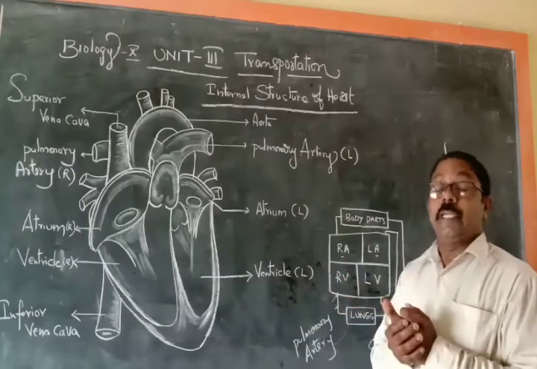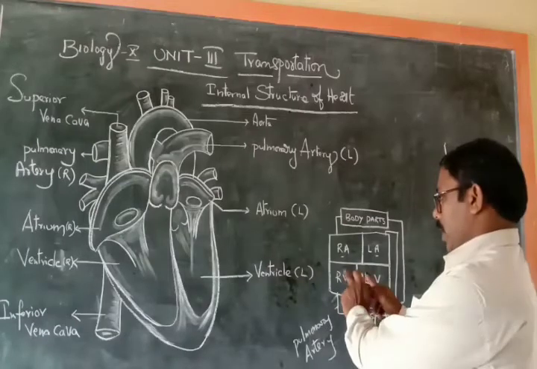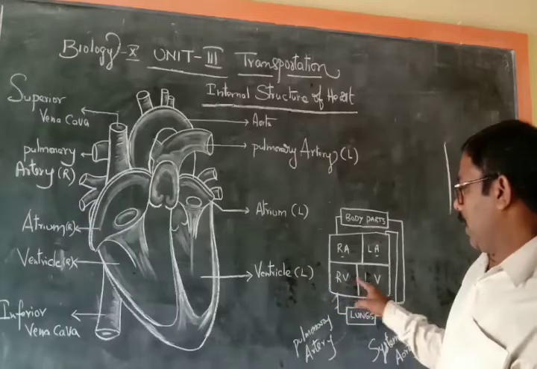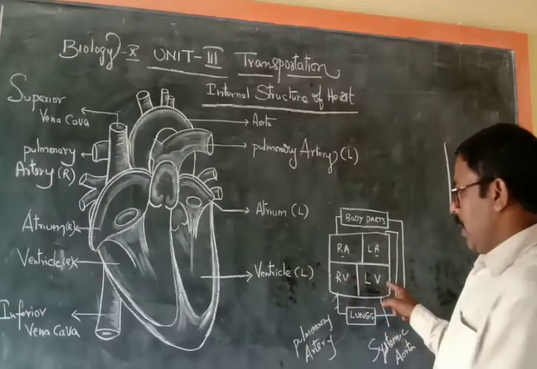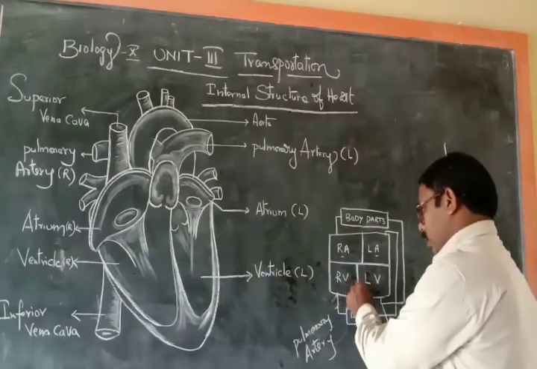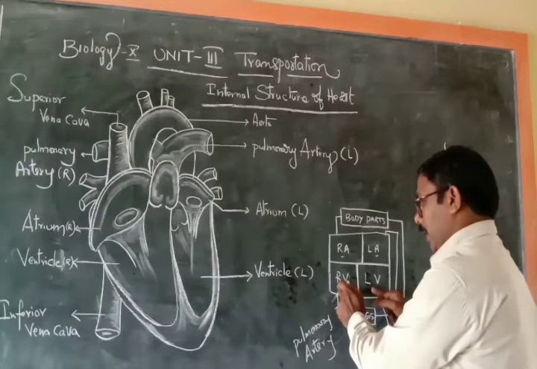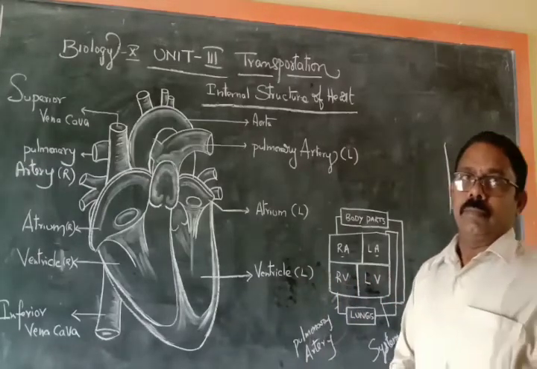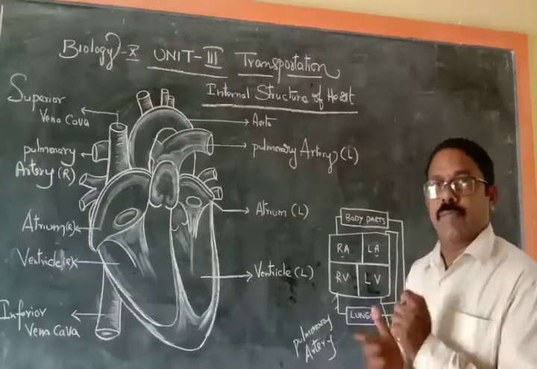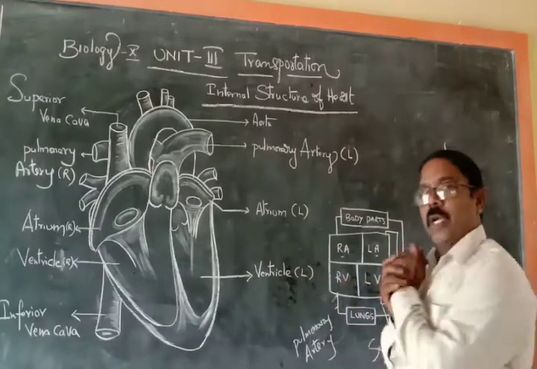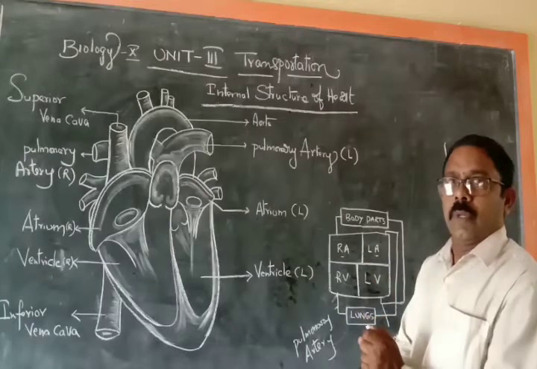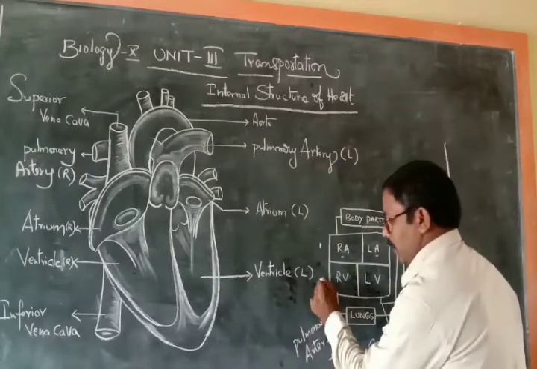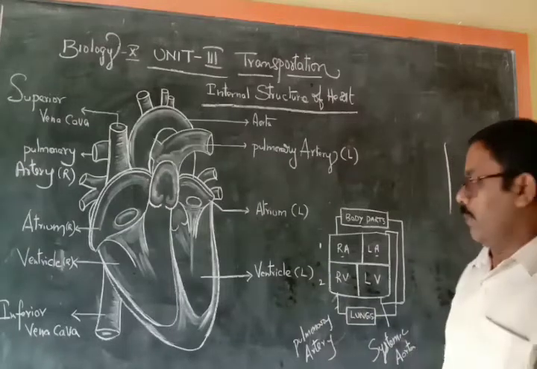That is the correct name, because both are auricles. Similarly, the right ventricle and left ventricle, the septum between them is called the interventricular septum. Not right, not left. First one is the interauricular septum. Second one is the interventricular septum.